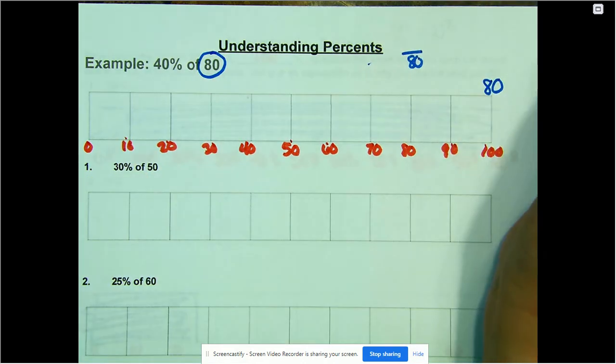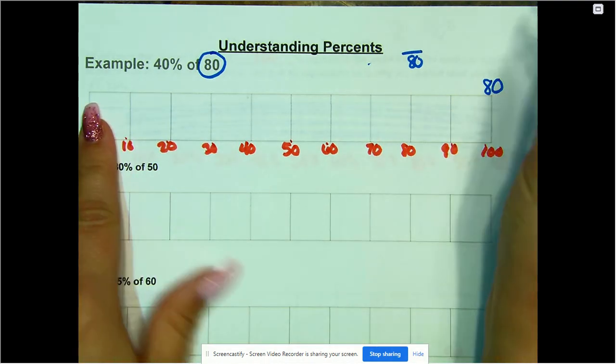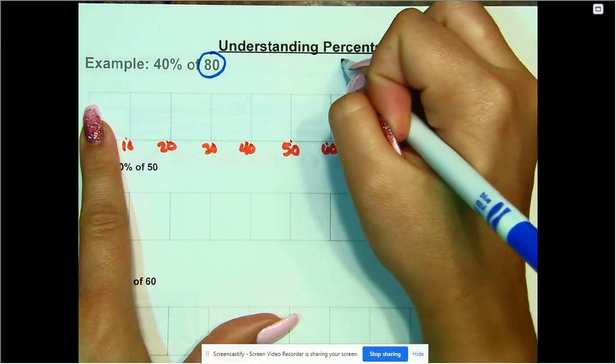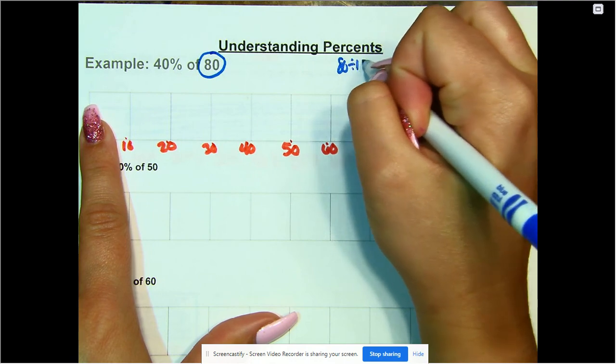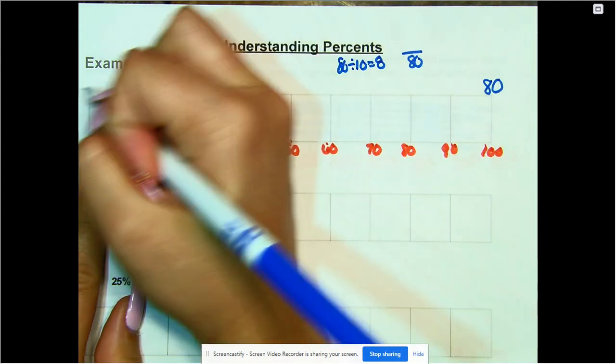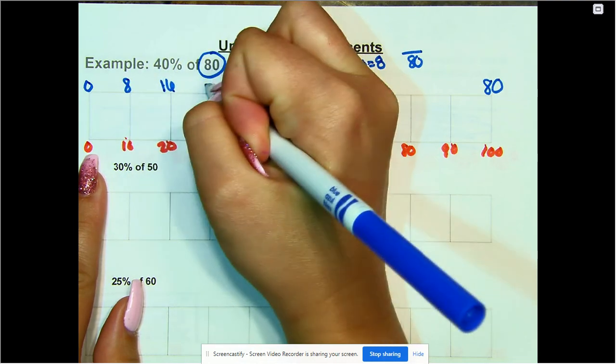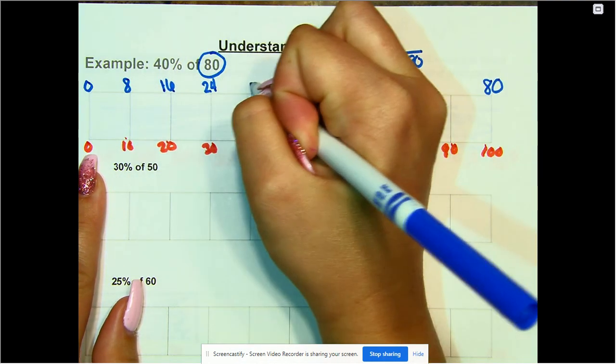Okay, so of 80. Now I've got to split 80 into 10 sections. So if I do 80 divided by 10, that gives me 8. So each section is worth 8. So obviously 0% would be 0, 8, 16, 24, 32.